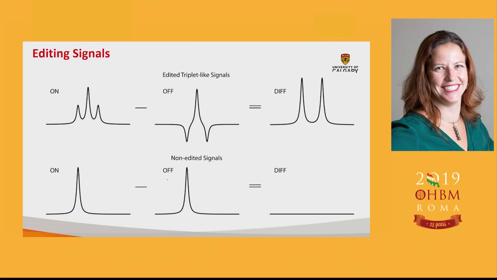You take the difference between applying this frequency-selective editing pulse and not applying it, and in the difference spectrum, you have an observable GABA signal. The non-edited signal, the overlapping creatine, isn't affected by that editing pulse at all. So in the difference, hopefully, it is completely subtracted.